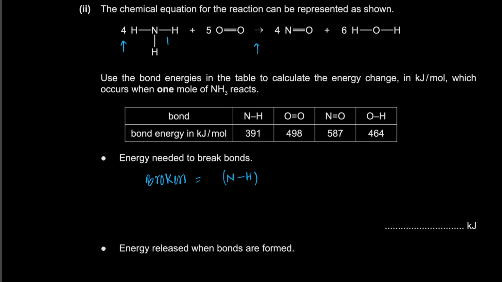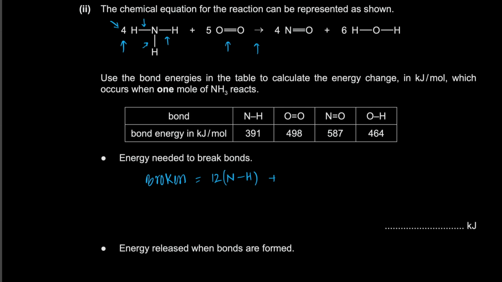How many N-H bonds do I have? That's 1, 2, and 3. So 3 per molecule, and there are 4 of these molecules. So 3 times 4 is 12, right? What other bonds are broken is the oxygen double bonds.